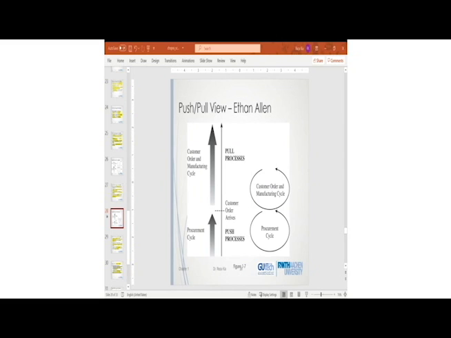As I said, for example, in a procurement cycle, you are receiving some raw materials from the supplier to your warehouse in the manufacturing system.